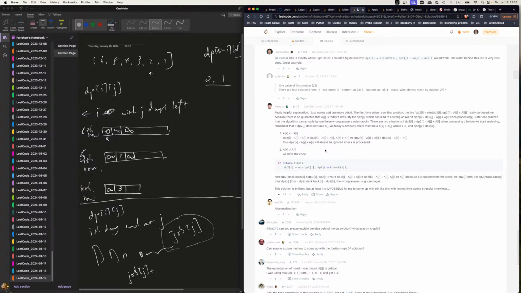Huh? The last part I'm not able to understand. ak is larger than ai, right? I mean, ak is larger than ai. We try to prove that all the answers in between can be ignored. Okay, so in the middle we have all these values.